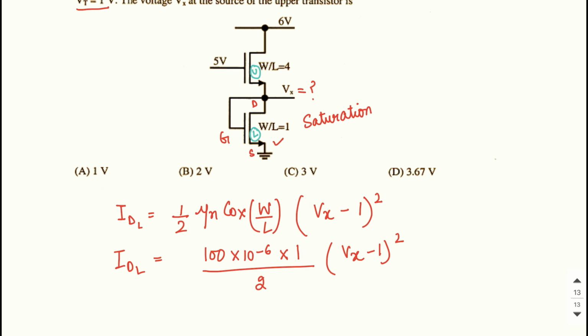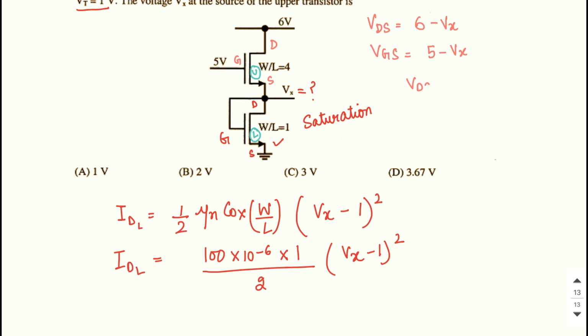So let us see whether we can decide which mode of operation the upper transistor is in. This is the drain terminal, that's the gate, and this one is the source. So we can write down VDS is equal to 6 minus Vx and VGS is equal to 5 minus Vx.